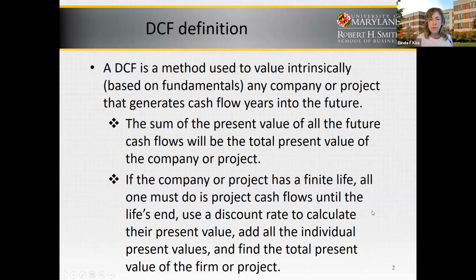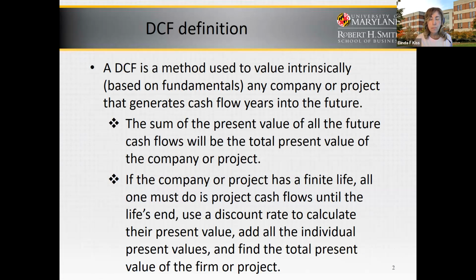The DCF method is used to value any company or project that generates cash flows years into the future. The sum of the present value of all the future cash flows will be the total present value of the company or project.